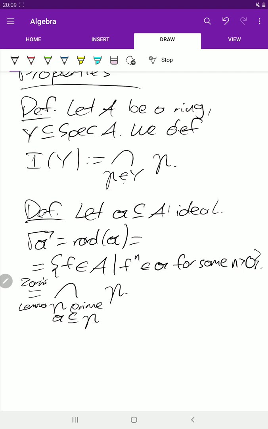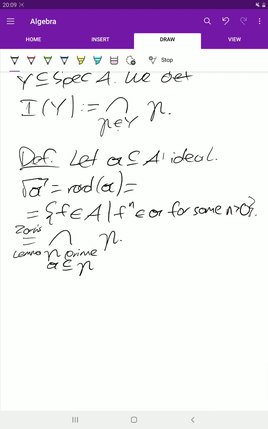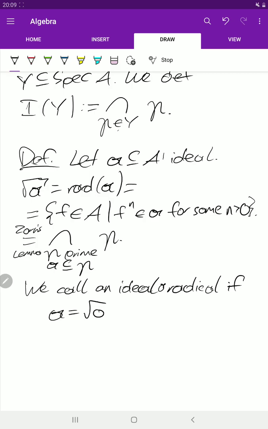I want to say one more thing, namely we call an ideal radical if, let's call this ideal A, if A is just equal to its radical.